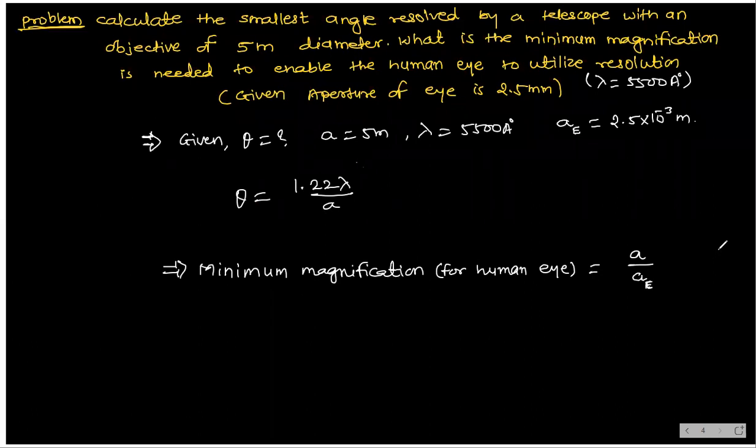Okay, can you find now? Can you do it yourself? Substitute the values, do it yourself. 1.22 into 5000 into 10 to the power -10 divided by aperture of objective. कितना है ये 5. हाँ, देखो कितना आता है आंसर.